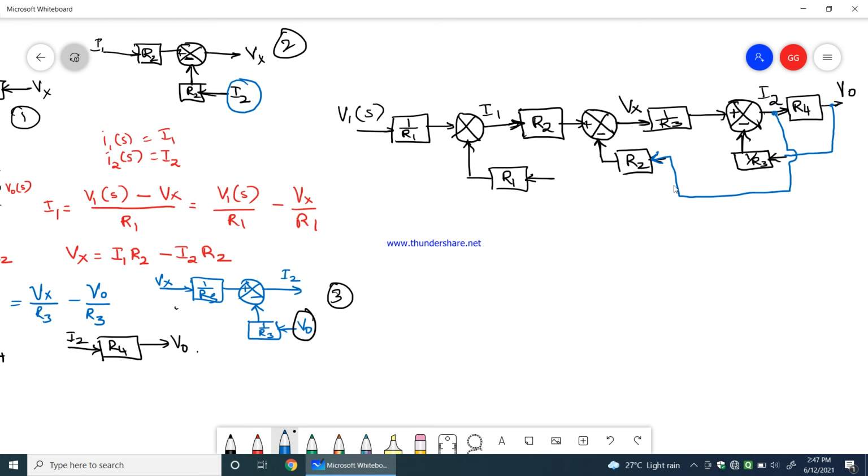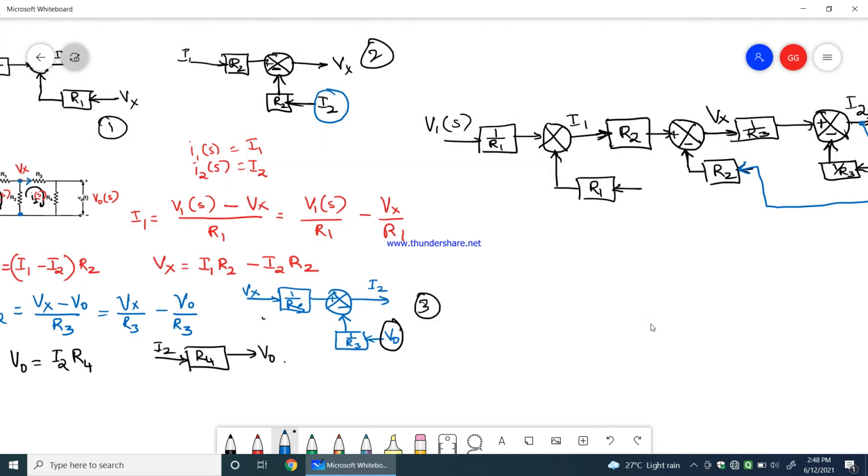Then we have Vx, which is connected to R1, therefore I'll take from Vx and I'll give it to R1.